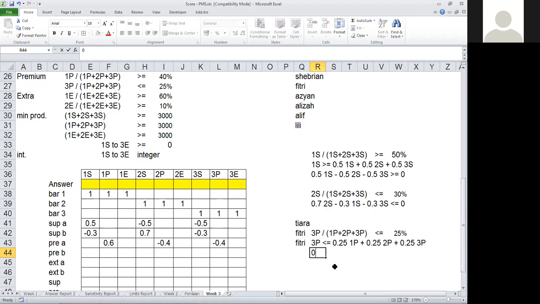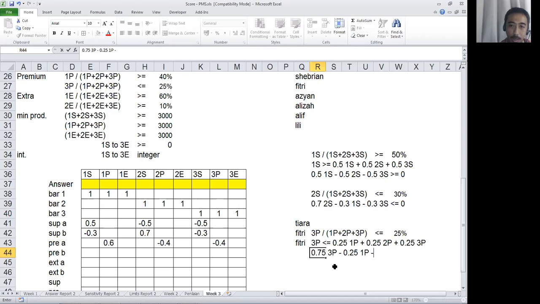0.75 of what? 1P, 2P or 3P? 3P, sir. 3P, good. Then plus or minus? Minus. Minus what? 0.25 1P, good.